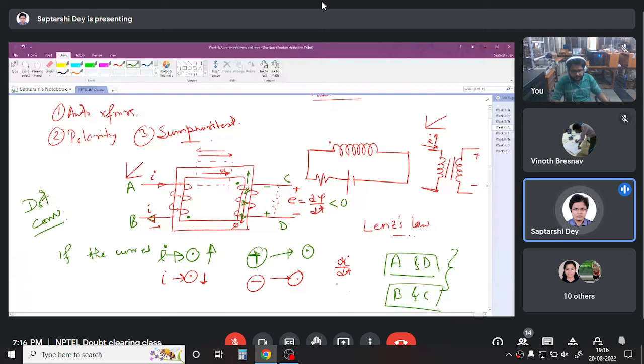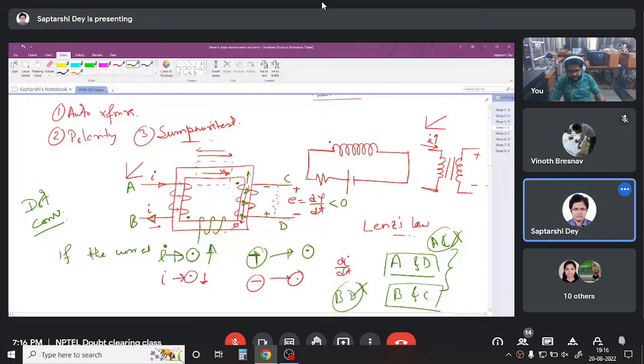But I cannot put dot at A and C. That is wrong. I cannot put at B and D. That is wrong. But putting the dot at A and D or putting the dot at B and C, they're the same thing, right? They are relative.